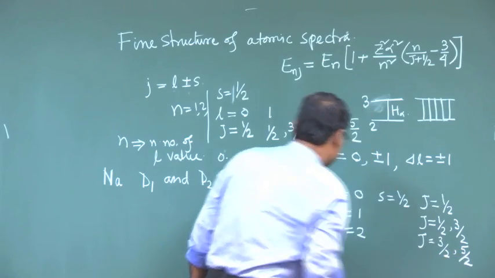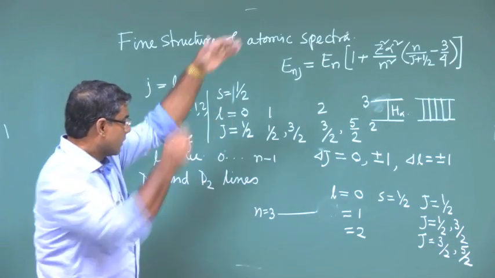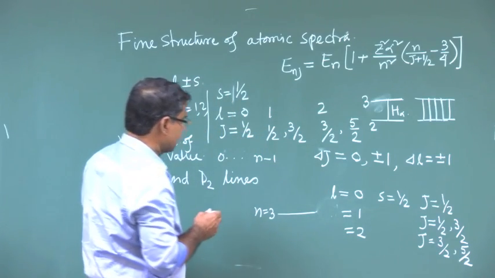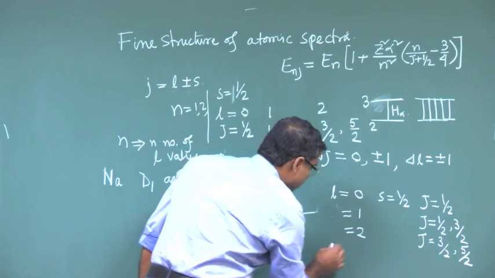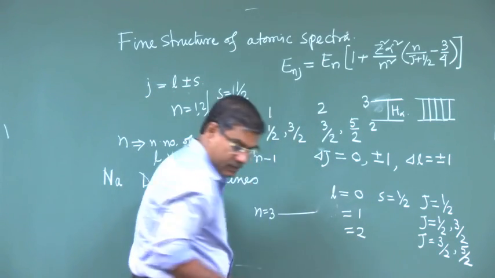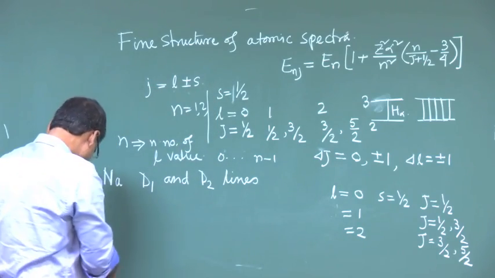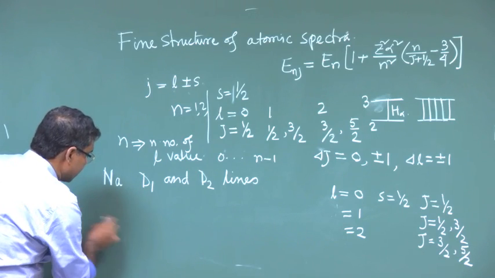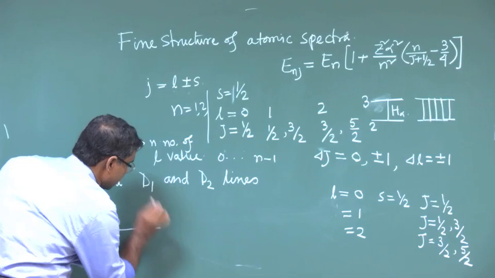So, let me write the terms here. For n equal to 3, what terms will I get?